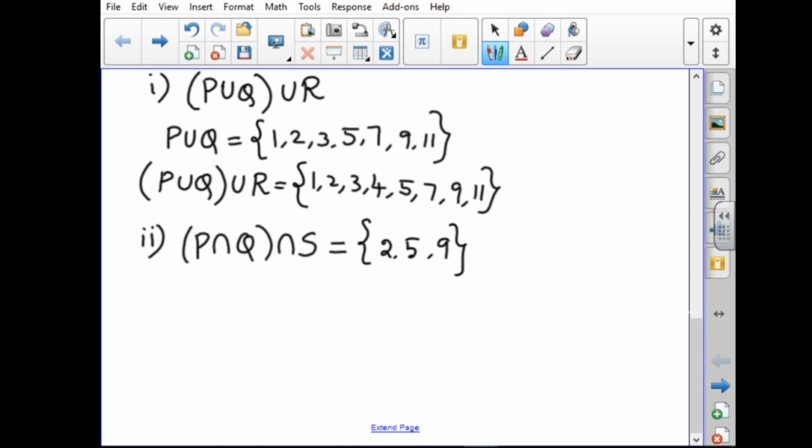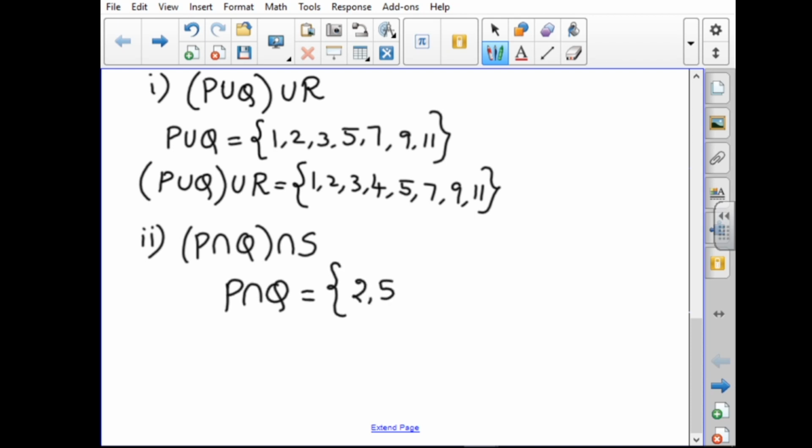These are the common elements because P is 1, 2, 5, 7, 9 and Q is 2, 3, 5, 9, 11. So 2, 5, 9 are the common elements. P intersection Q is equal to 2, 5, 9.